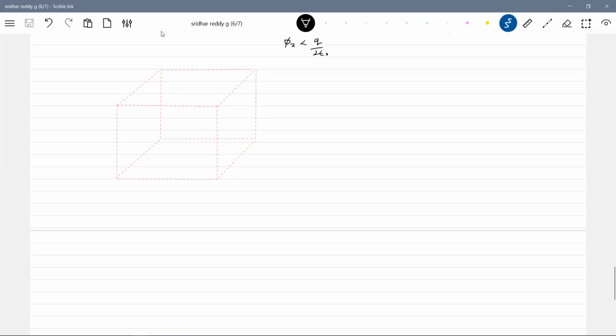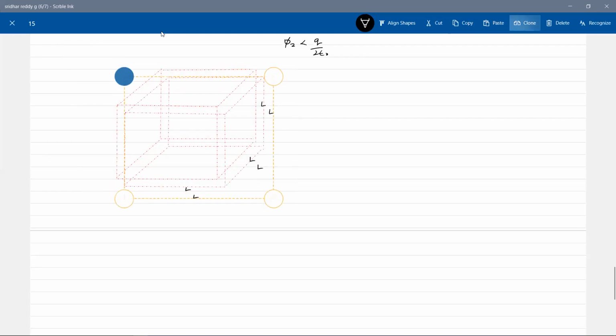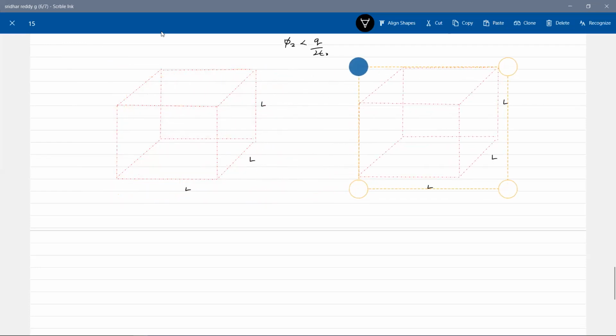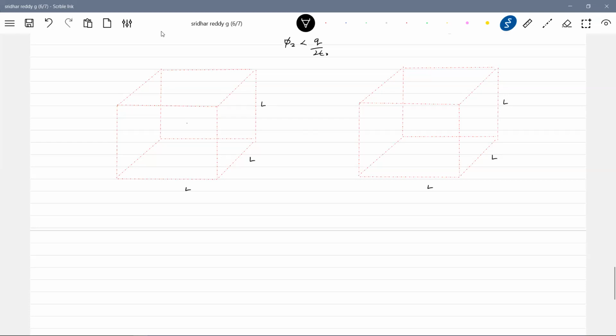So I'll take a cube of side length L. I'll keep a point charge exactly at the center.